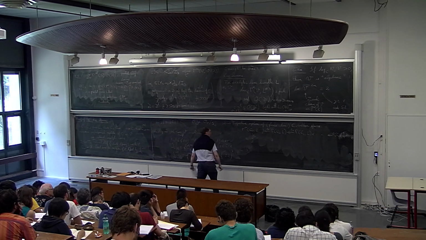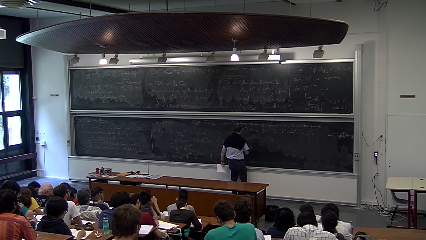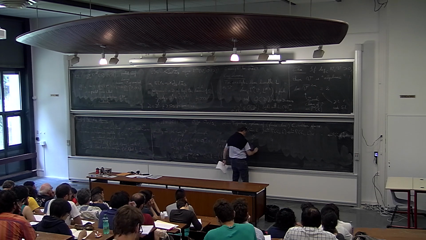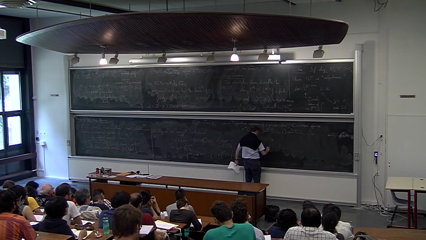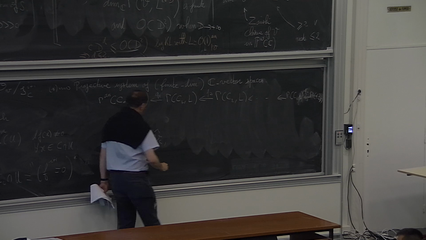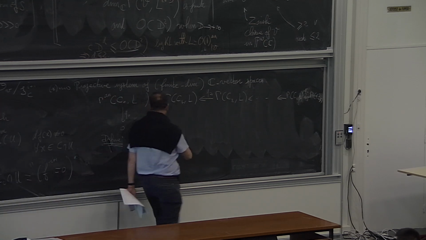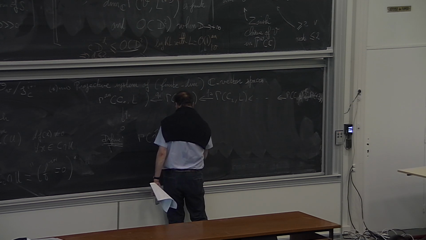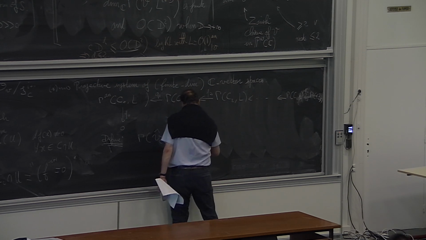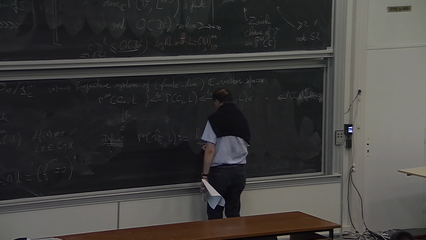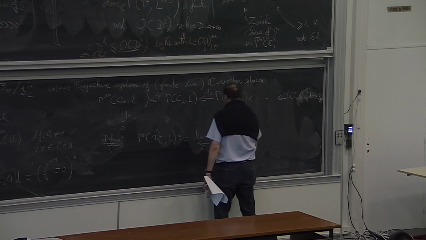Okay. So at this stage, let's say we may define gamma of the formal completion of V along C, of L, and define this as the projective limit of the spaces.